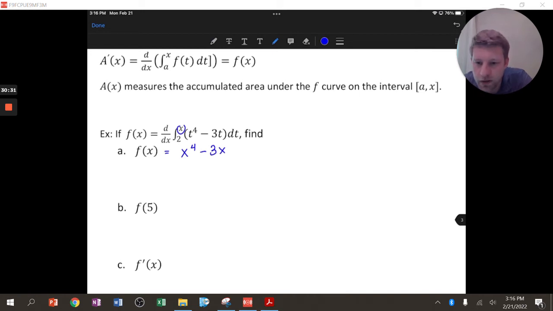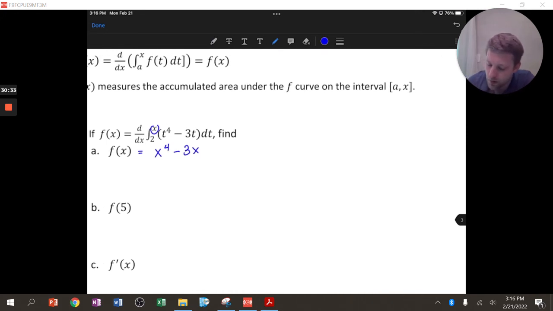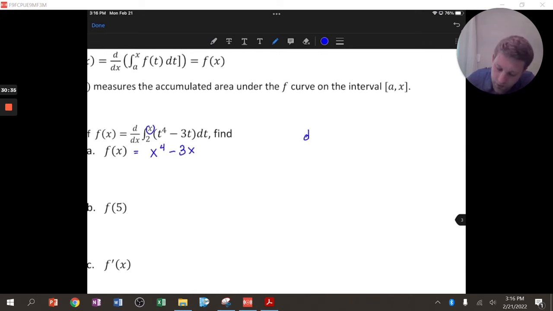One reason why this is true is the following calculation. If I needed to take the derivative of an integral, let's walk through the details of why this would be true. Based on the fundamental theorem of calculus, we could actually simplify this expression.